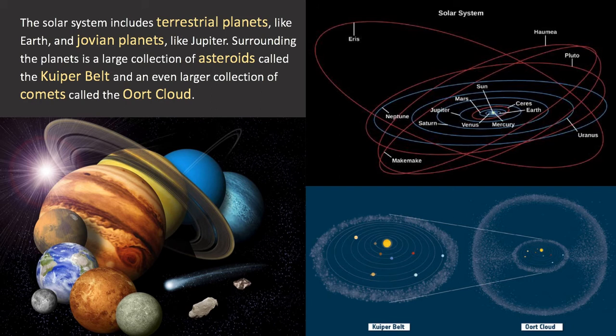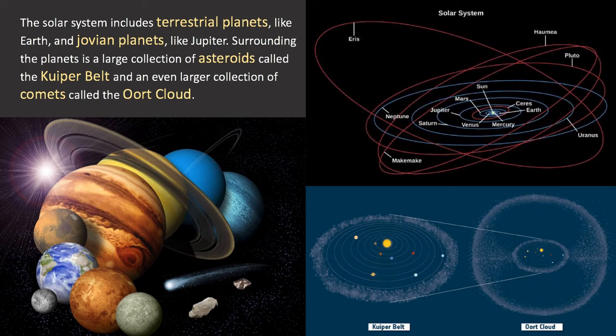Before we get into the details of the terrestrials, let's take a quick look at the solar system as a whole and understand its structure. Most of the matter of the solar system is concentrated in the sun, which is at the center.